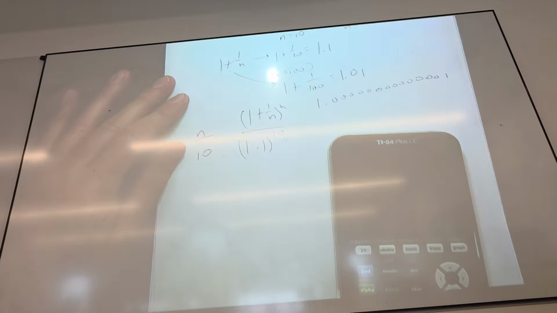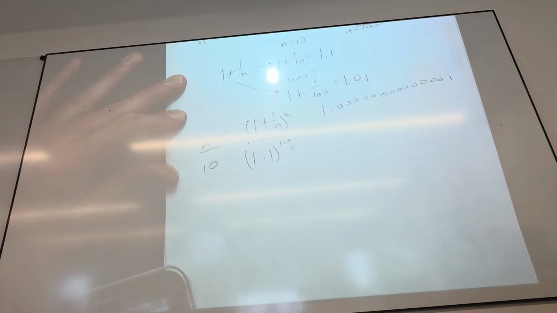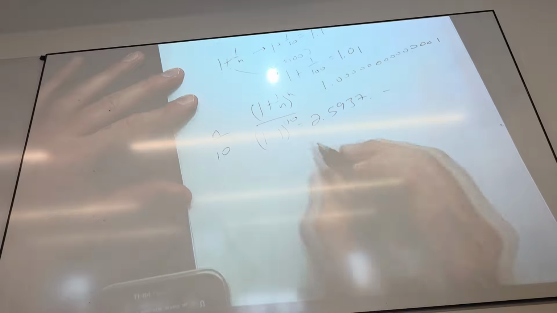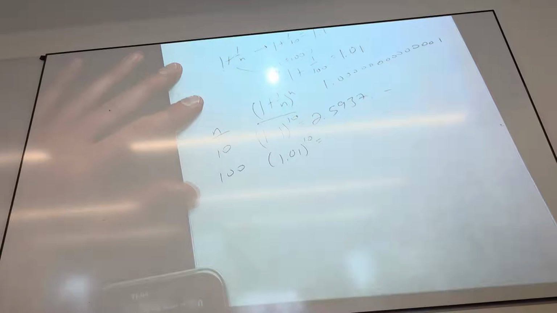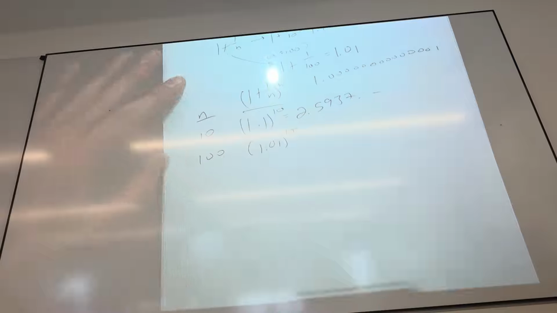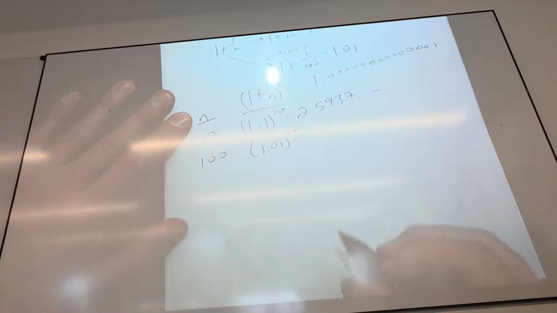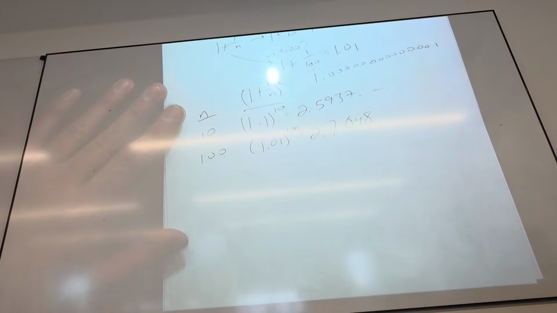Let me know. 2.59374246. Yes, 2.5937, blah, blah, blah. What if n is 100? That would be 1.01 to the 100th power. 2.704, blah, blah, blah, yes?